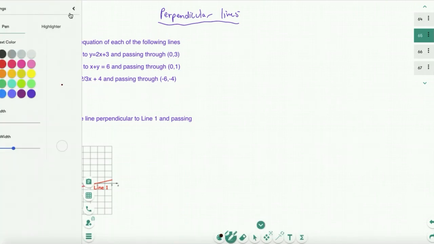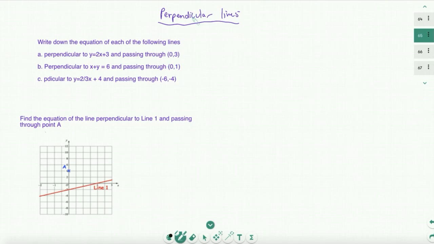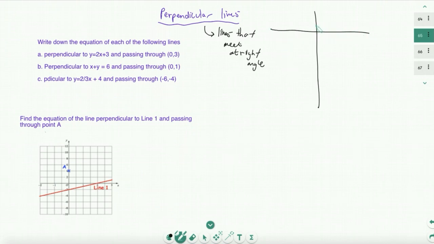The next section after parallel lines is perpendicular lines. Perpendicular lines are lines that meet at a right angle. For example, a line here, if I was to draw a perpendicular line, it could be like this, meet at a right angle.